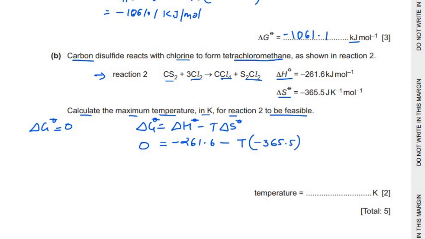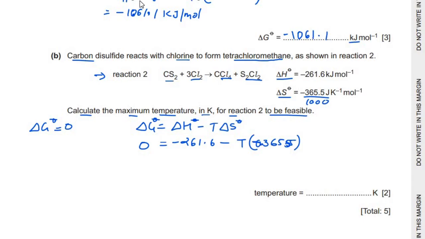365.5. So now if we rearrange the equation and calculate T, okay, again we made one mistake here, that the entropy change has to be divided by 1000. So again it is minus 0.3655. So here there is no decimal and the decimal is here.